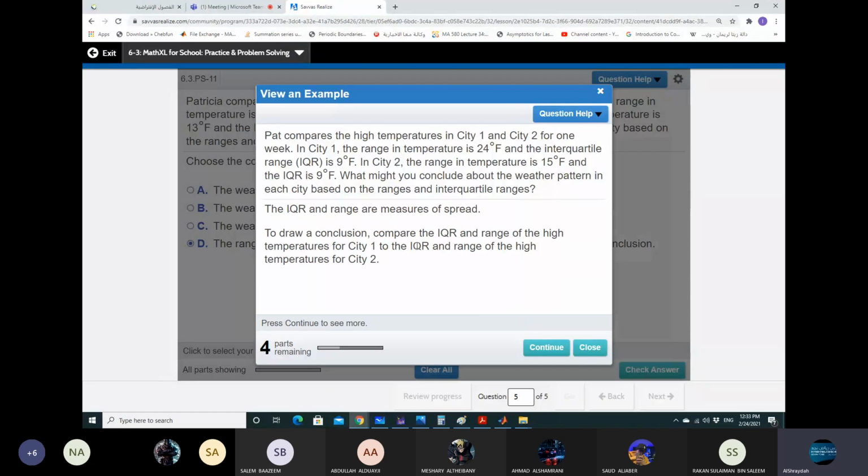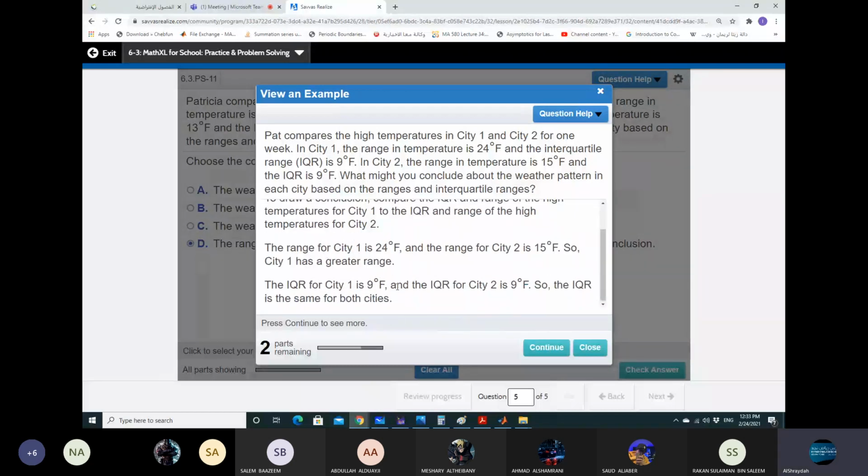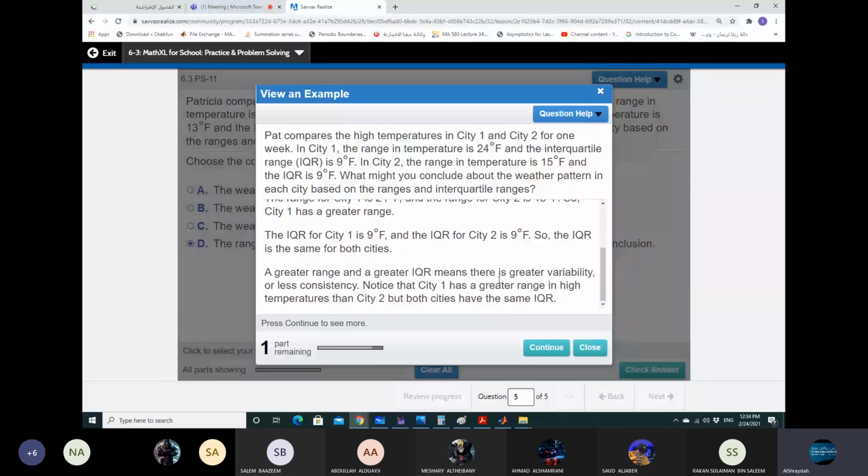The range for city 1 is 24 and the other is 15, so city 1 has a greater range. The IQR is the same. A greater range means greater variability or less consistency.